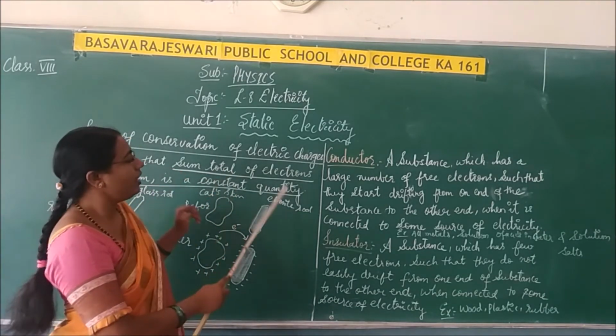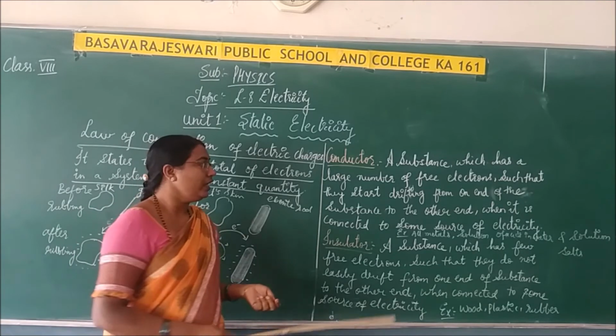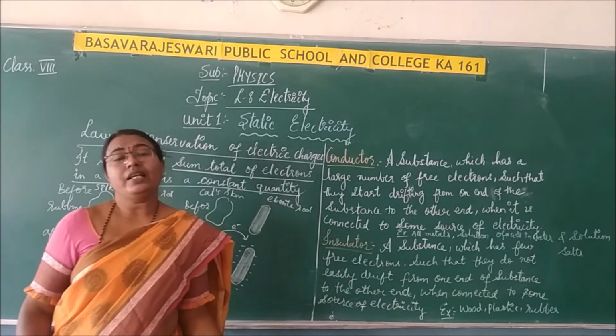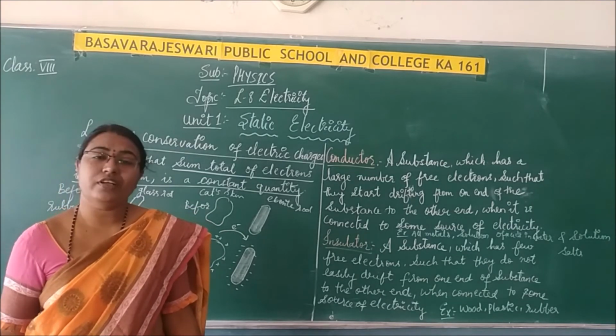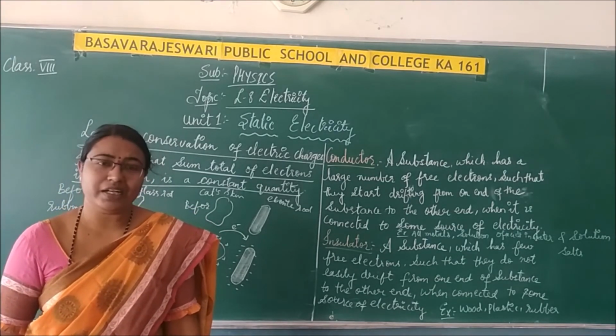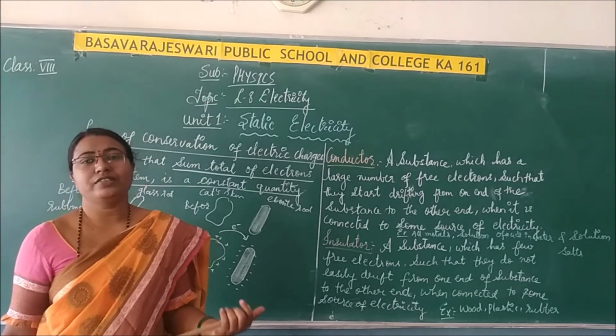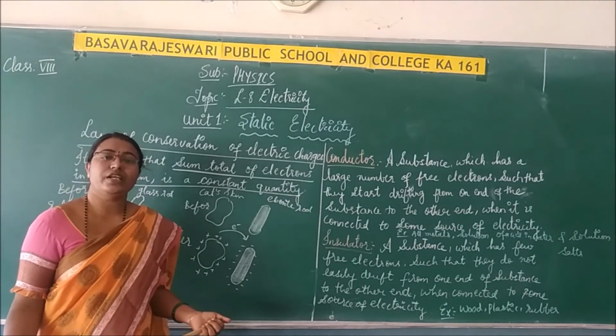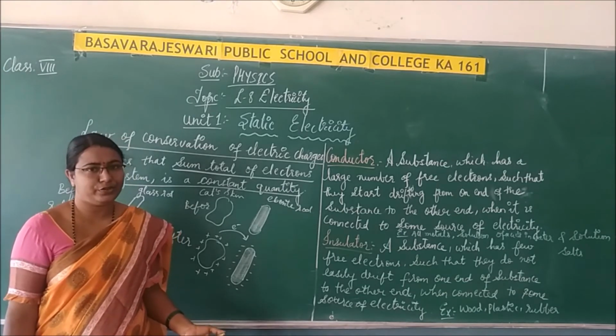Okay, let us come to the last topic of this unit, conductors and insulators. Last year we learned what good conductors and bad conductors are. Good conductors of electricity are those which allow electricity to pass through them.